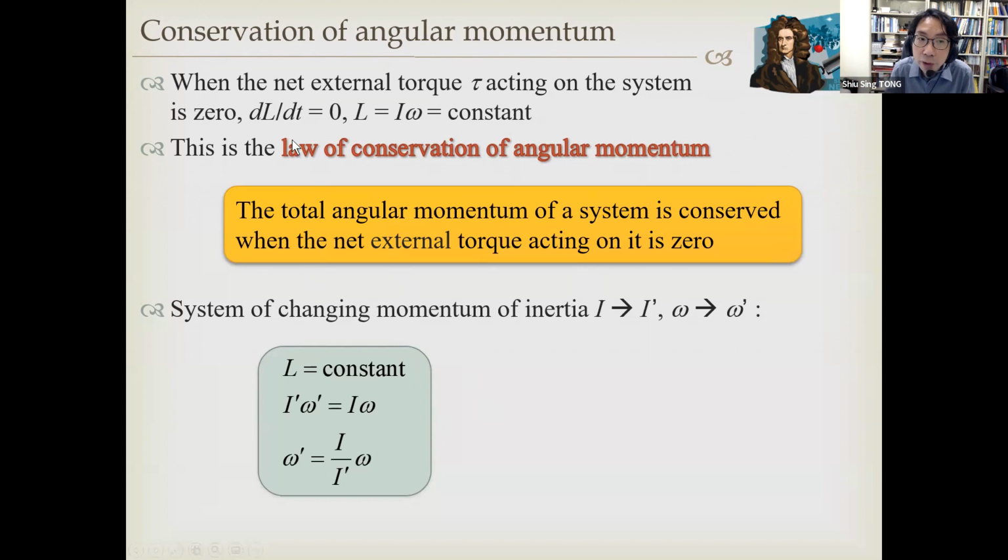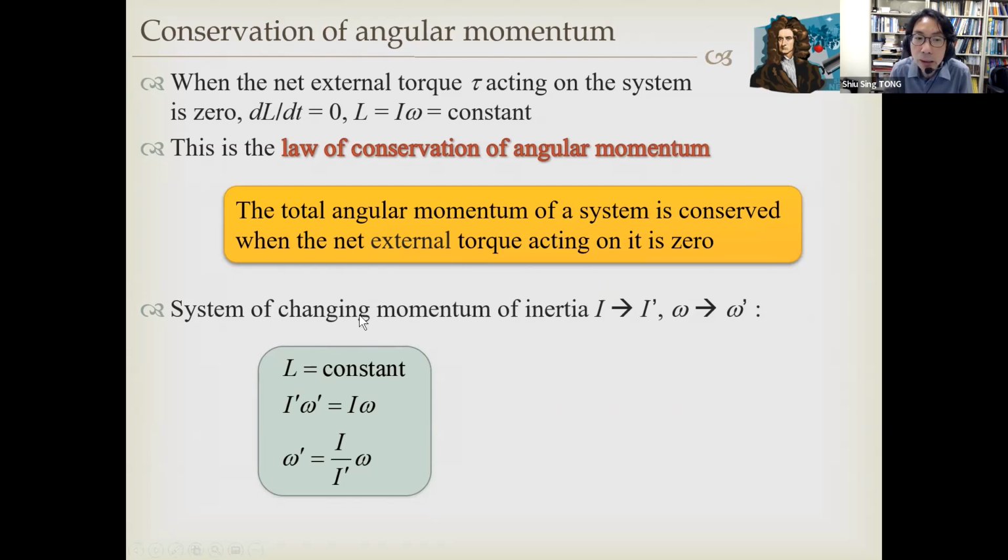We haven't proved this very general form of Newton's second law of rotation, but believe me, even if I is changing, the conservation of angular momentum still holds. So that is an assertion. I will come back to this point at the end of this chapter, but for the moment, believe me.